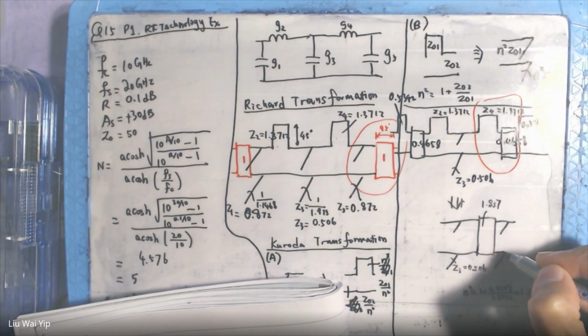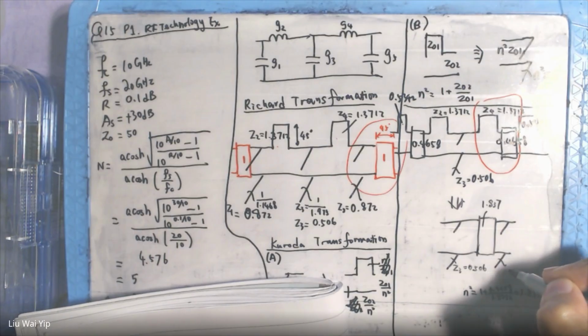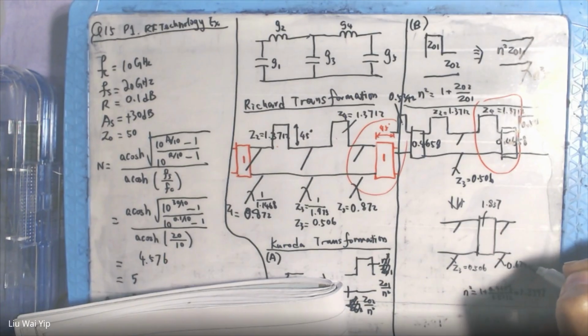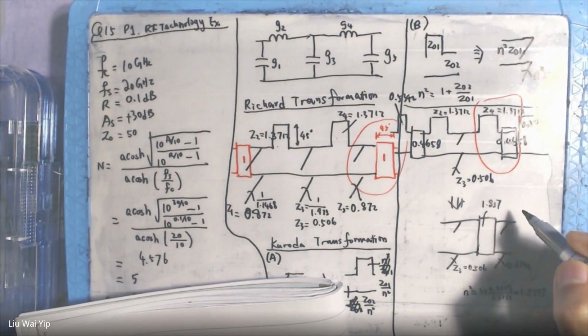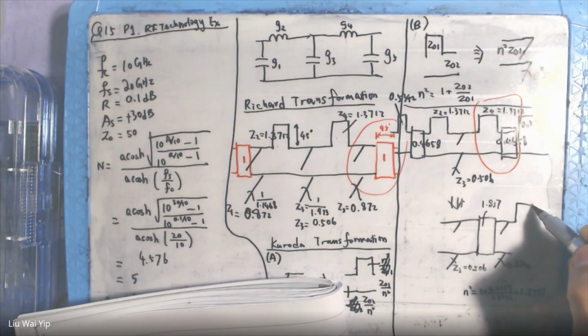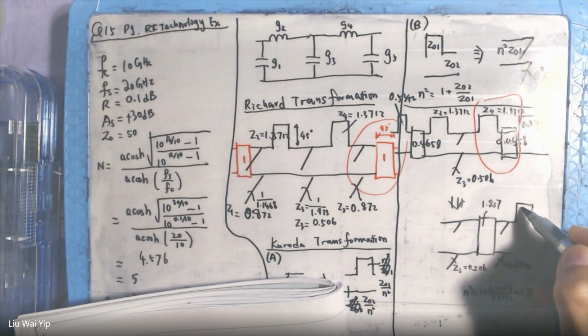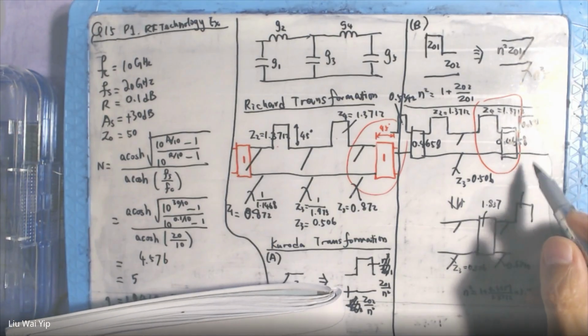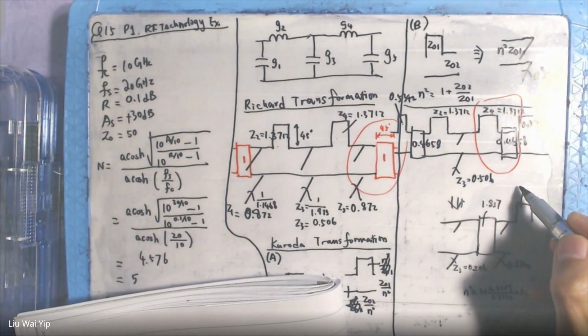And this one here will become 0.6240. So you only have one left. So this one will remain the same.